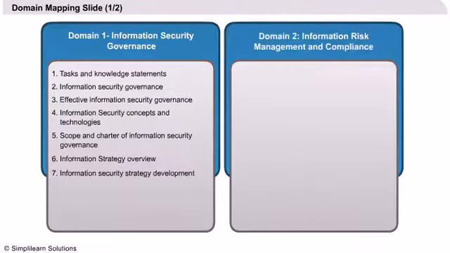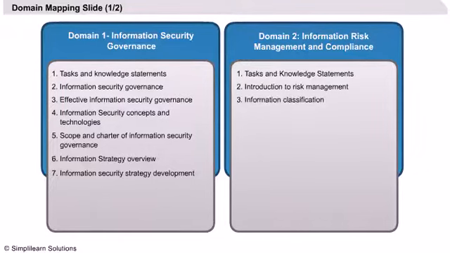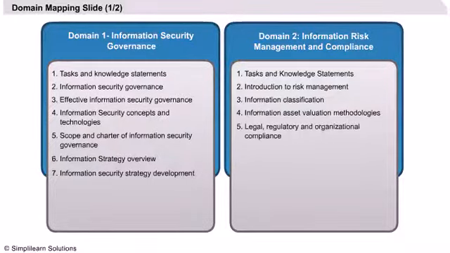Domain 2 is Information Risk Management and Compliance, and the chapters under this domain are 1. Tasks and Knowledge Statements, 2. Information Risk Management, 3. Information Classification, 4. Information Asset Valuation Methodologies, 5.